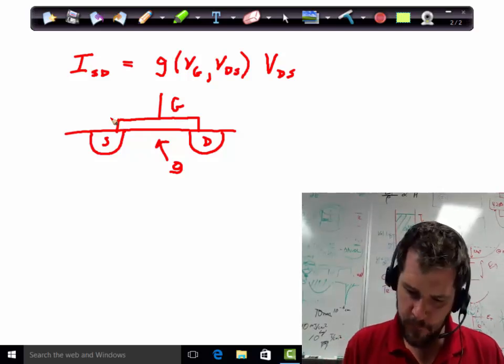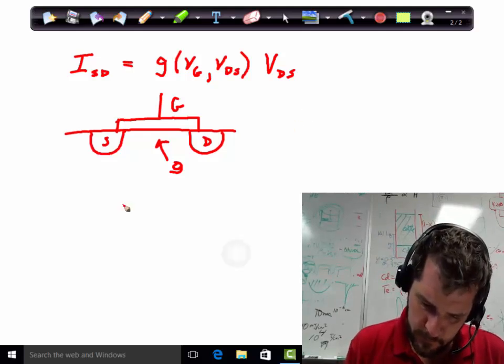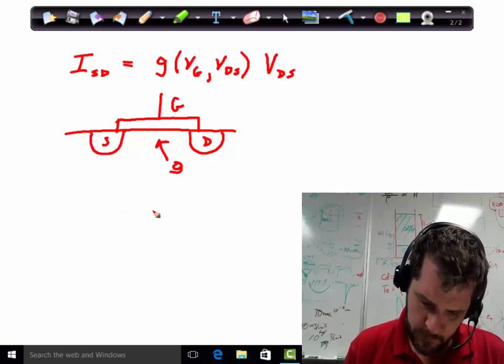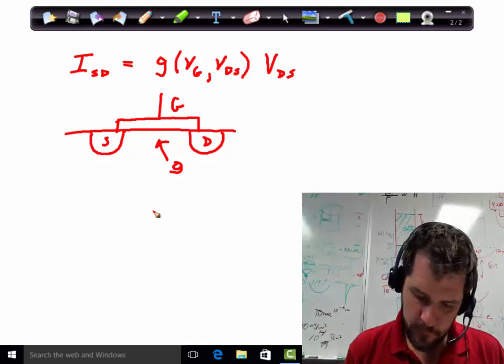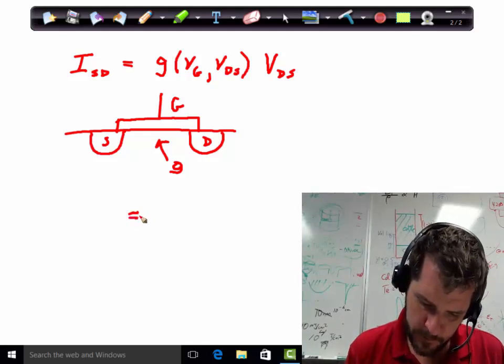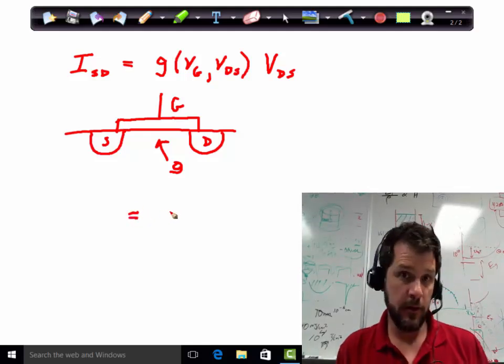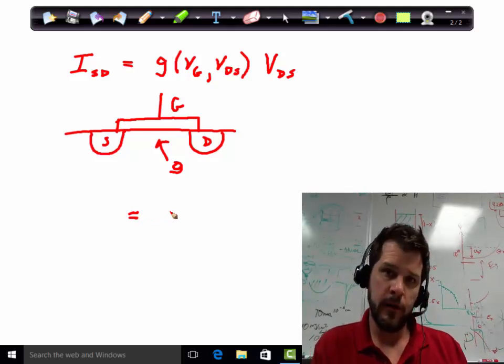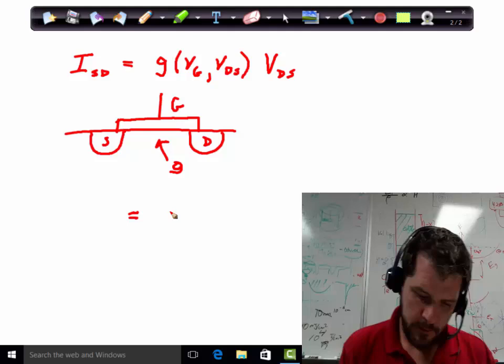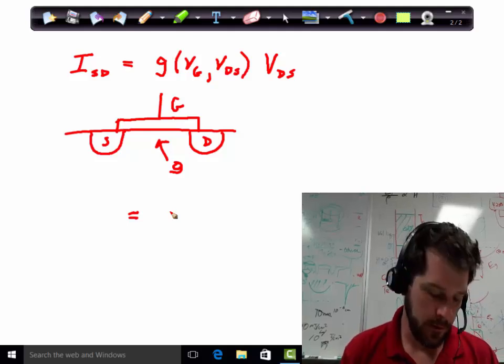It turns out that in an enhancement mode device especially, we can consider the sheet charge that's generated at the interface between the oxide and the semiconductor to be the thing that controls the conductance.